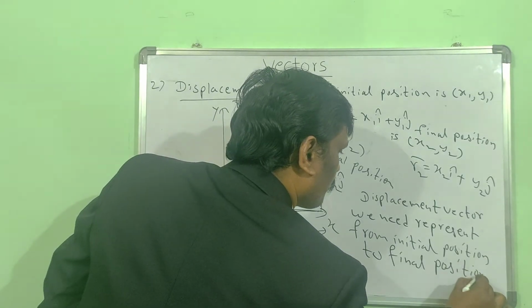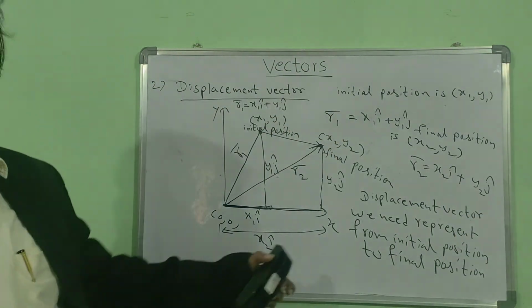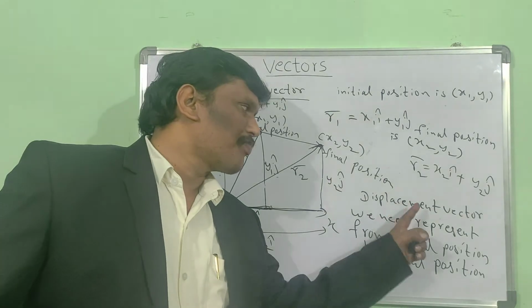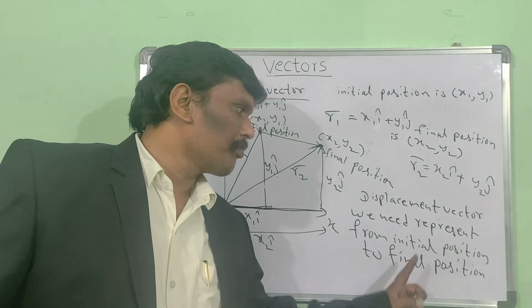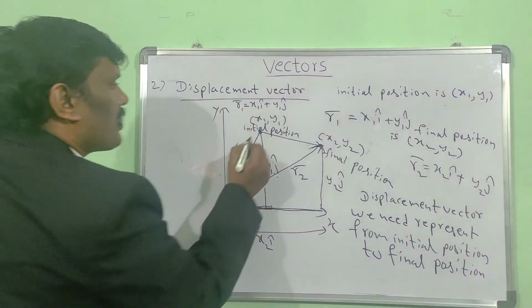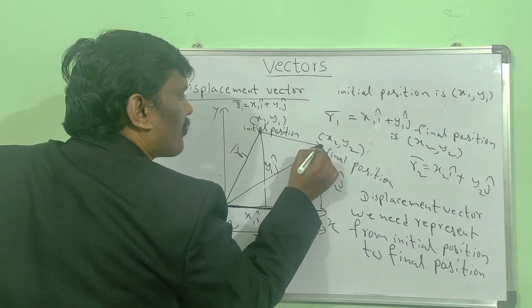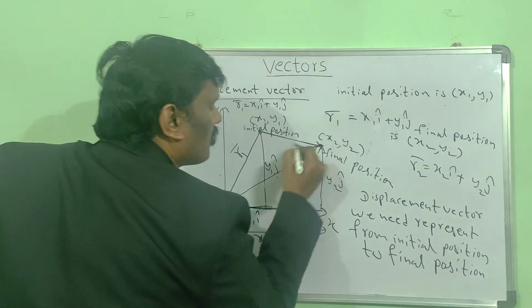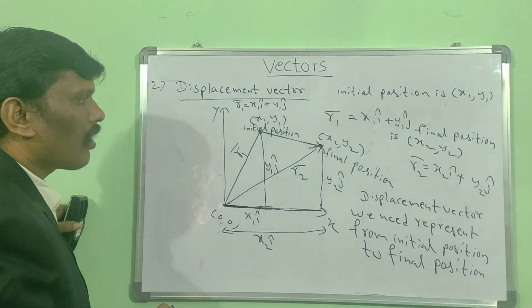Student, this is the most important point we need to remember: displacement vector we need to represent from initial position to final position always. So here I am going to consider this is the initial position, this is the final position, this is the displacement vector.